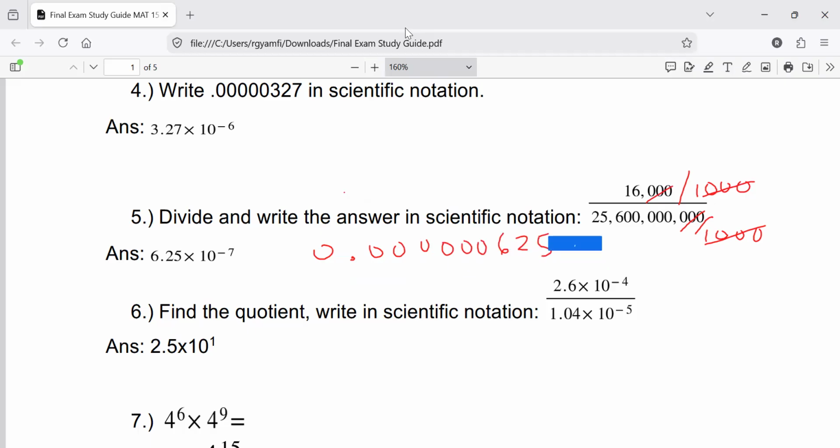And now you're going to move the point. So moving the point, we're going to have 1, 2, 3, 4, 5, 6, 7. 7, which is 6.25 times 10 to the power -7. So when you move it to the right, you know that the power is going to be negative. So we have -7 in this case.